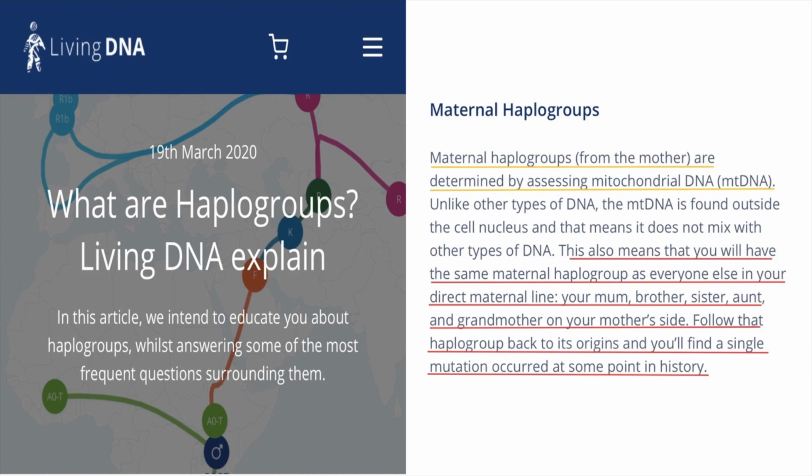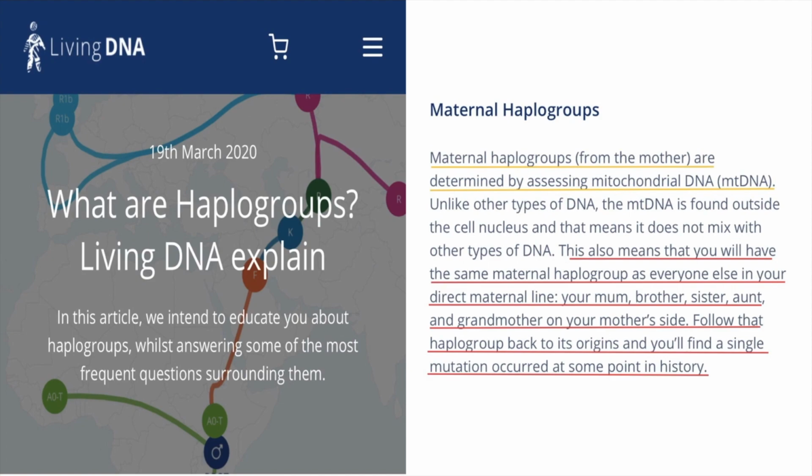Maternal haplogroups from the mother are determined by assessing mitochondrial DNA, mtDNA. This also means that you will have the same maternal haplogroup as anyone else in your direct maternal line: your mom, brother, sister, aunt, and grandmother on your mother's side.